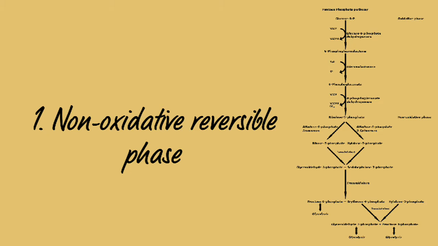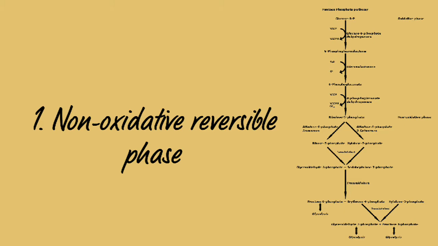Now let us understand the non-oxidative phase. The initial reaction of this phase isomerizes ribulose 5-phosphate to ribose 5-phosphate by the enzyme phosphopentose isomerase, to be used in synthesizing nucleotides.